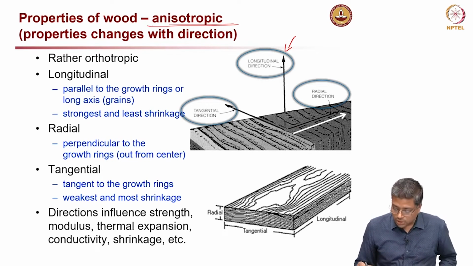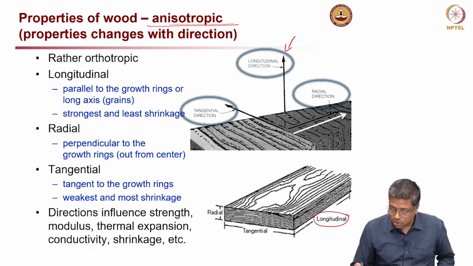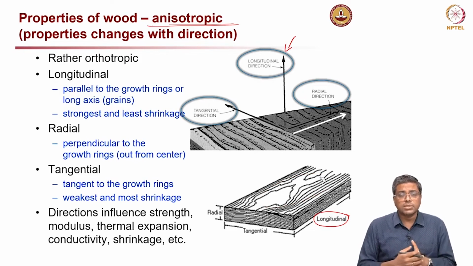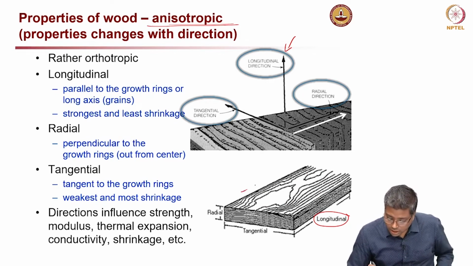Look at the picture on the bottom right. This is the longitudinal direction I am talking about, and these are all the grains you can see. Along the grains they do not shrink much; shrinkage in this direction is very minimal.